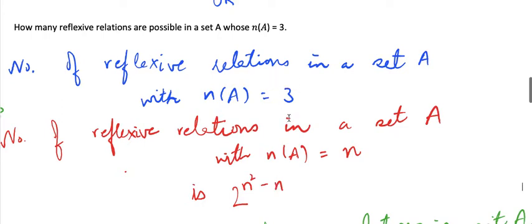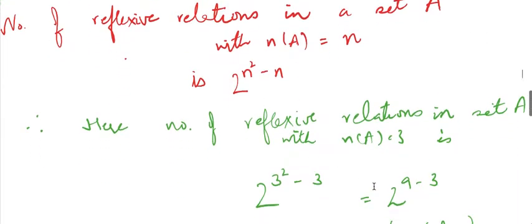So if the number of elements is 3, it will become 2 raised to power 3 square minus 3, that is 9 minus 3, which is 2 raised to power 6.